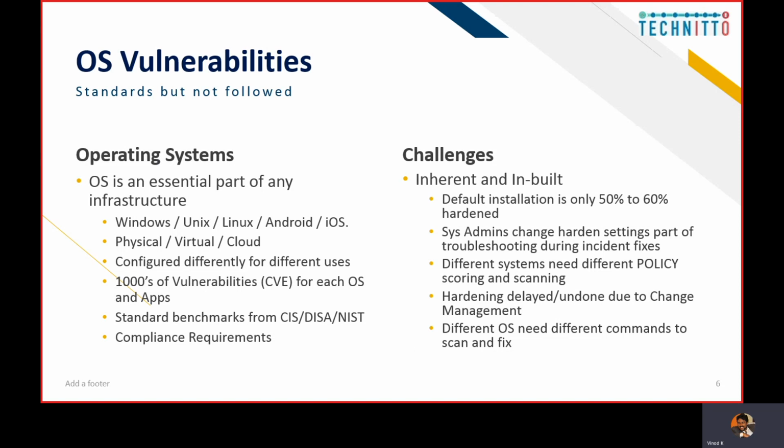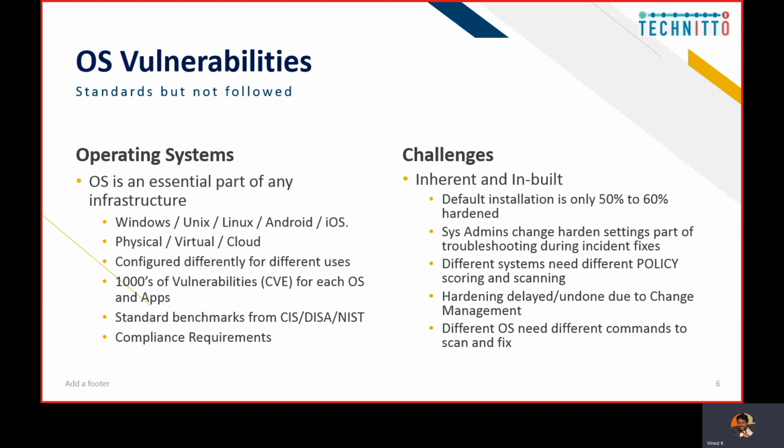But we can give you policies for each system, so you can have different policies created. Normally hardening is done with change management, and that can also be incorporated in our system: when you approve a change, the change gets deployed on all the machines.